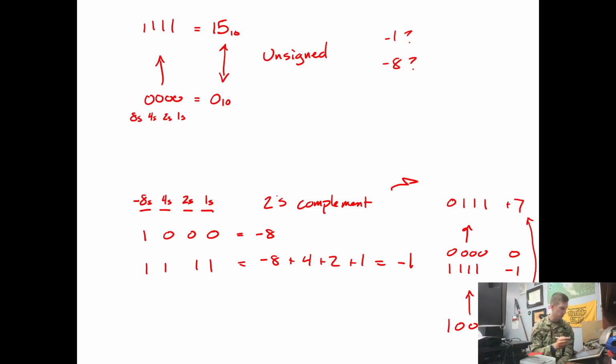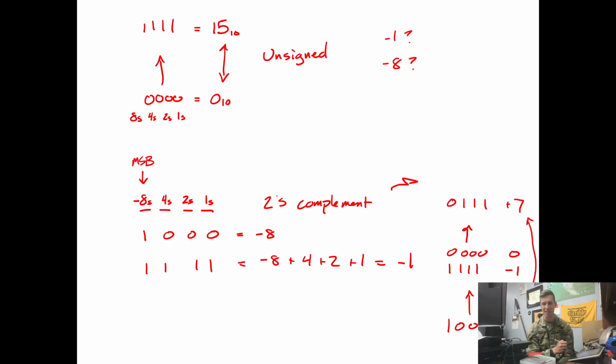One thing to note about 2's complement is that there's nothing special about the 8's column. It just is that this is the most significant bit, and so that's the column that becomes negative. So in 2's complement, it starts to matter exactly how many bits we're talking about.